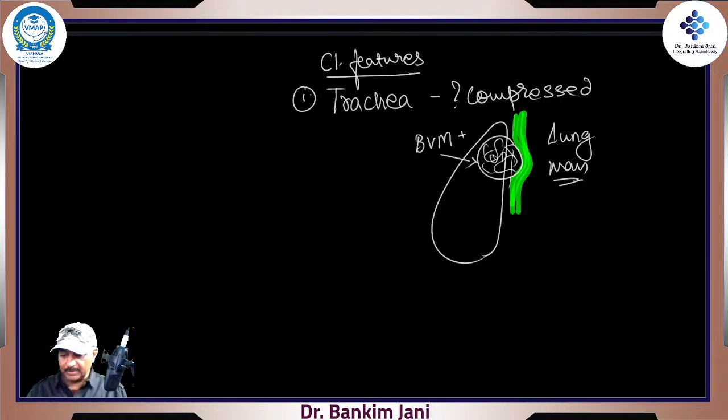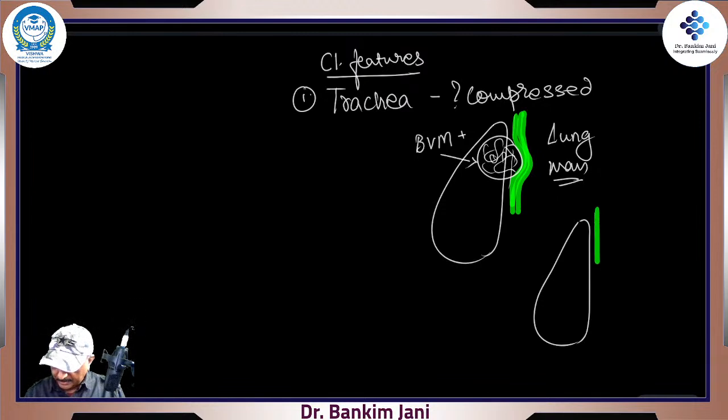Watch the reverse thing. Same lung, and over here, that's the trachea. When I say trachea, I also mean those bronchi, everything; I'm just drawing the trachea for simplicity. And now there is a mediastinal tumor, meaning it is present in the mediastinum.